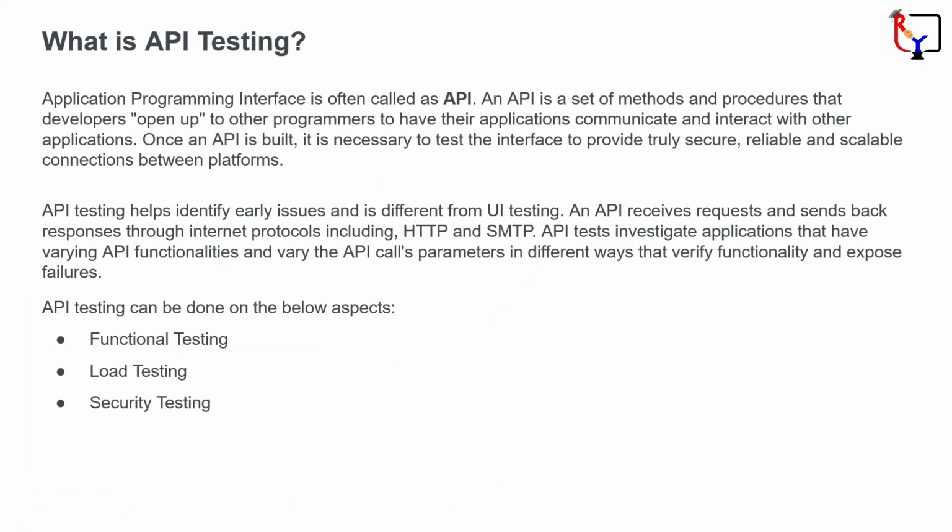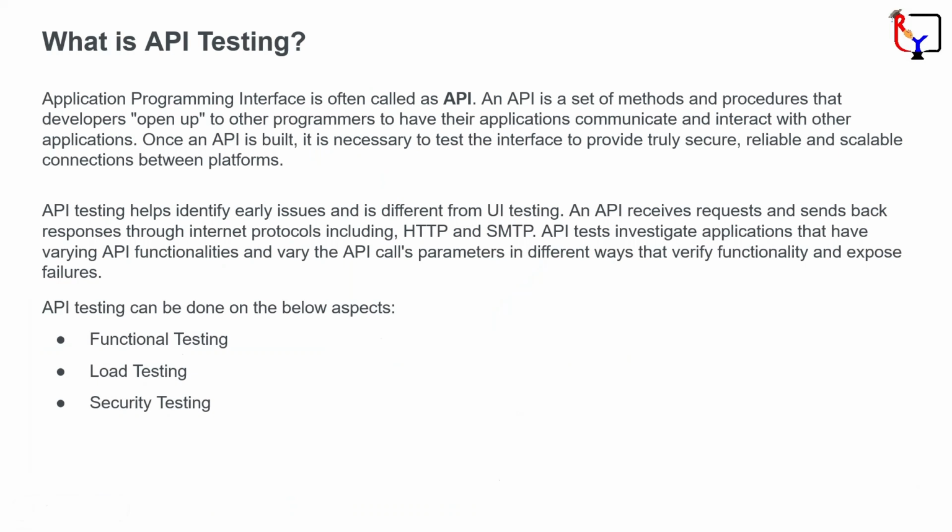As I have written here, application programming interface is often called as API. An API is a set of methods and procedures that developers open up to other programmers to have their application communicate and interact with other applications. Once an API is built, it is necessary to test the interface to provide truly secure, reliable, and scalable connections between platforms.